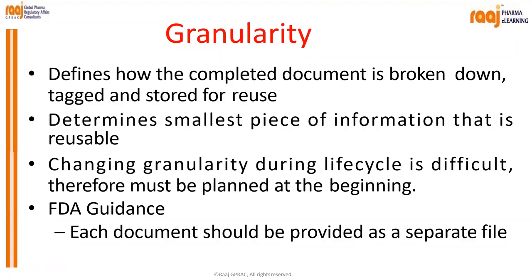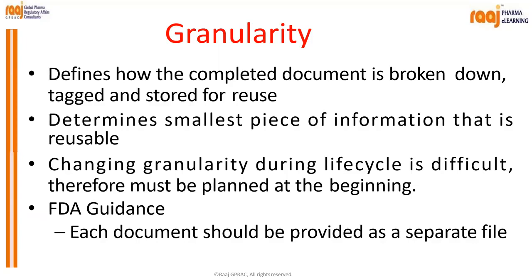Then you have to determine the smallest piece of information that is reusable. Why is this important? Suppose you attach the PDR, the pharmaceutical development report, which has 6 to 7 sections, P2, 2.1, 2.2 to 2.7. In later stages, suppose you want to change some information, and you have attached each section as a separate document, P2.1, which is how you developed the formula, like pre-formulation studies, right?